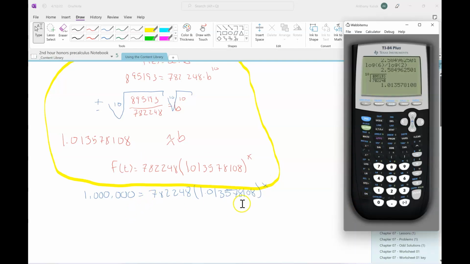So rather than typing this whole long number in again, I'm going to just store it as the letter A. And then in my calculator, I'm going to type in 1 million into y1. That's the left-hand side of my equation. In y2, I'm going to type in the right-hand side of my equation.